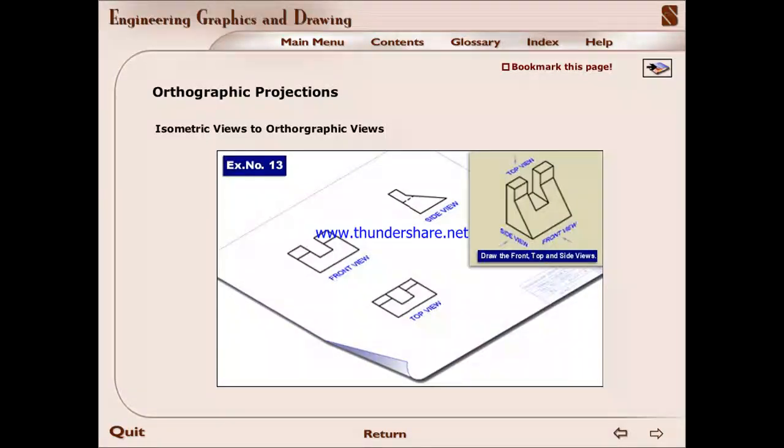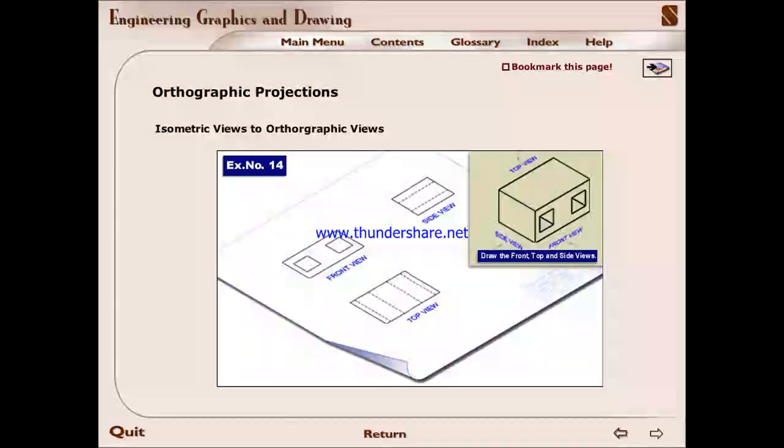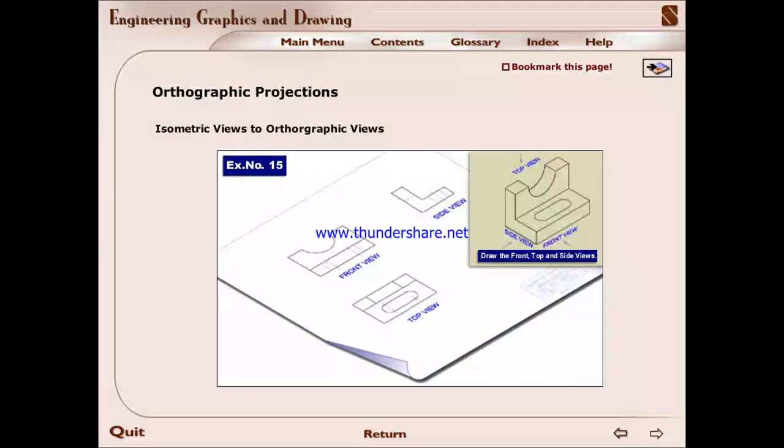For given figure, front view, side view, top view. For given figure, front view, side view, top view. Given figure, front view, side view, top view.